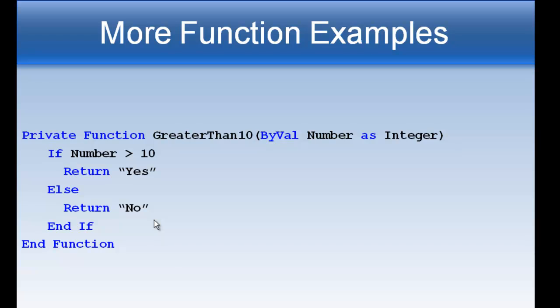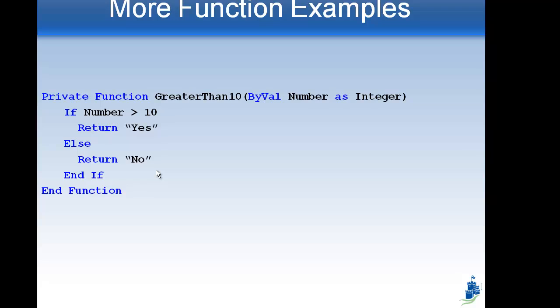You can call functions within functions or subroutines within functions. You can have a function that returns a decimal, that returns an integer. It's however you want to do it. And you can have all kinds of different code on the inside of the function to figure out what number, string, or value should be returned when the function is called.